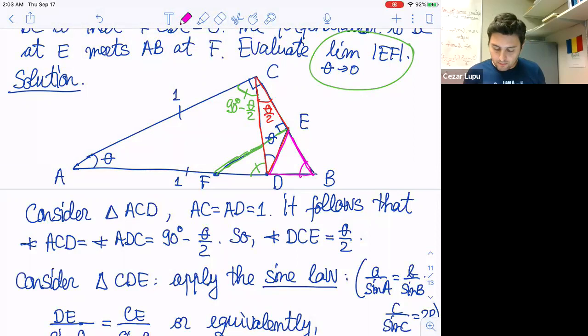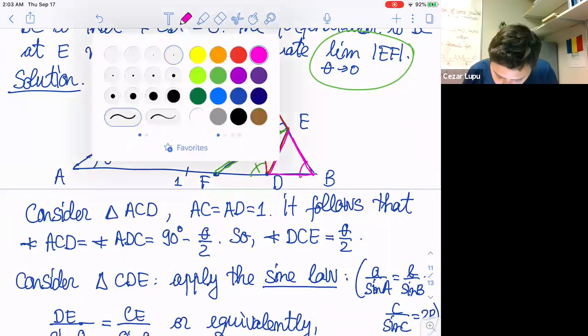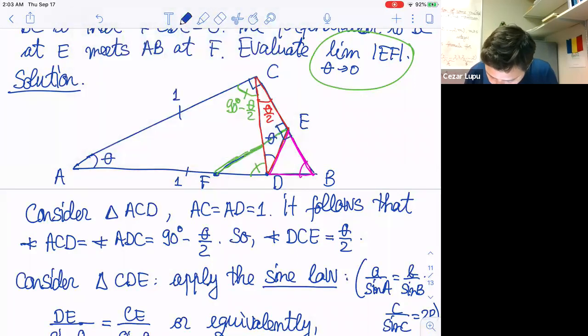If you look here again, you see this triangle EFEB is a right triangle and has the right angle at E. So you can say something about this.